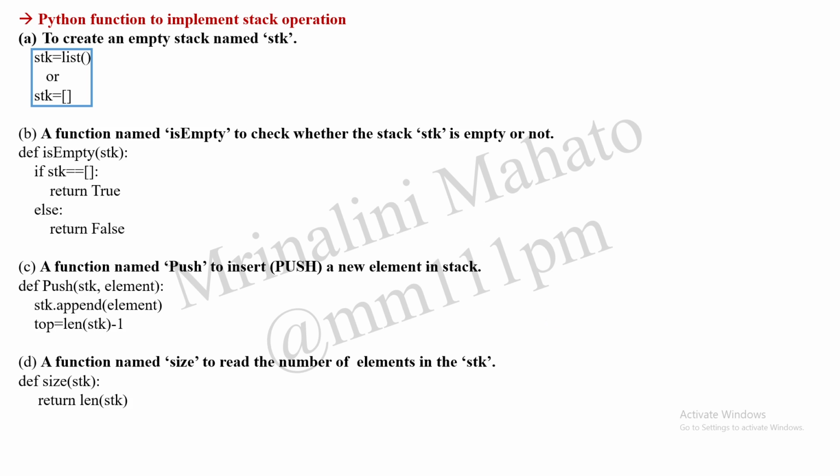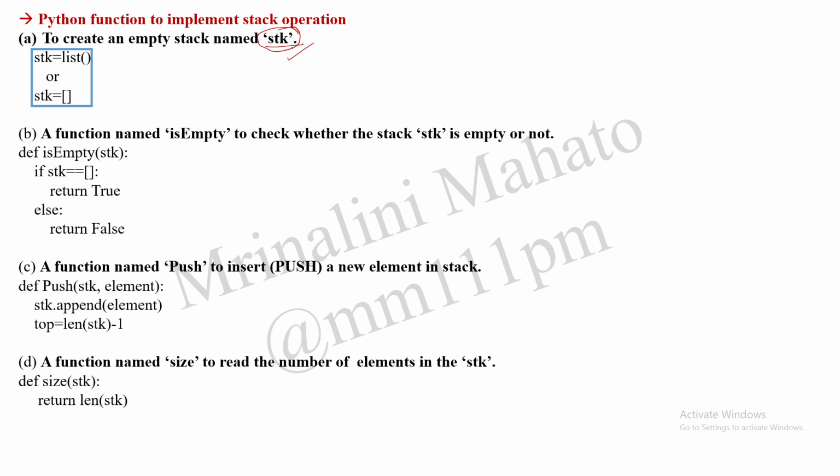Python functions to implement stack operation. Now we will see the functions one by one and how you can implement them in the stack operation. So first, create an empty stack named stk. The variable name has been given as stk, so the user doesn't have any other choice. Whatever has been given in the program, that one only you should write.